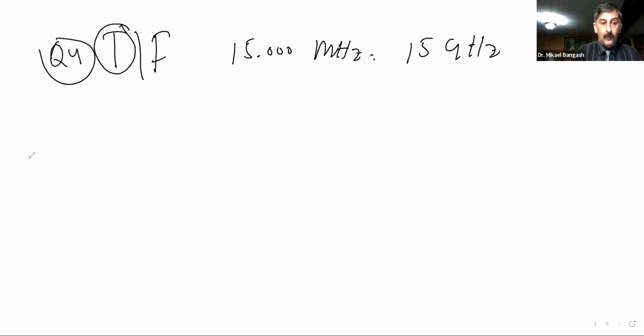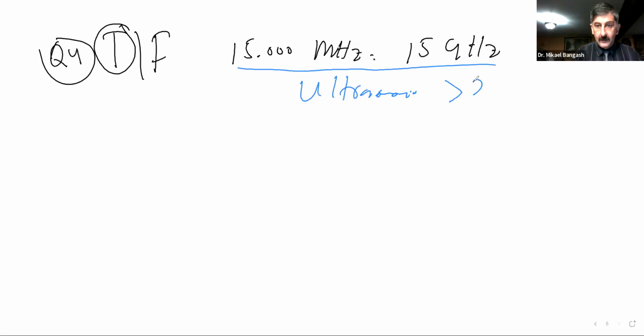Both of these here are ultrasonic. Why? Because it is greater than 20 kilohertz.